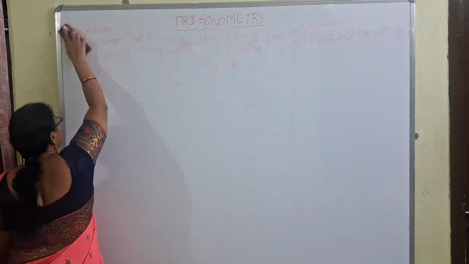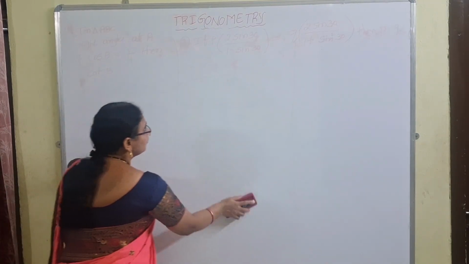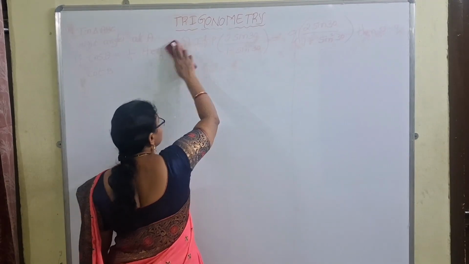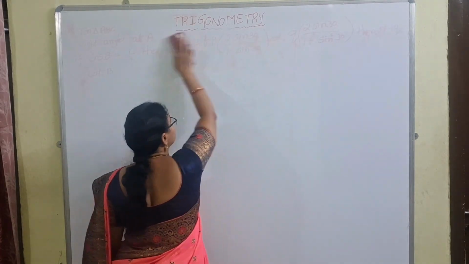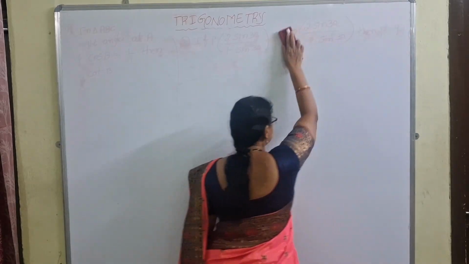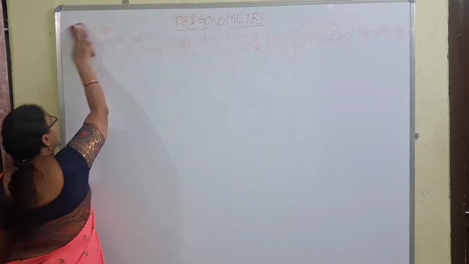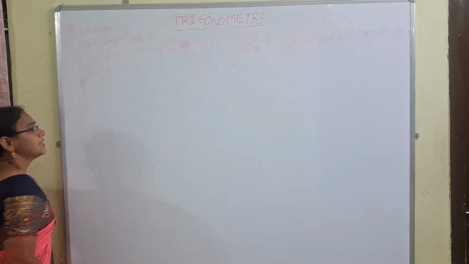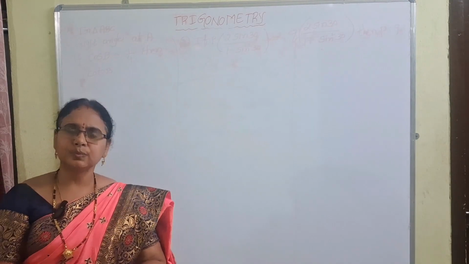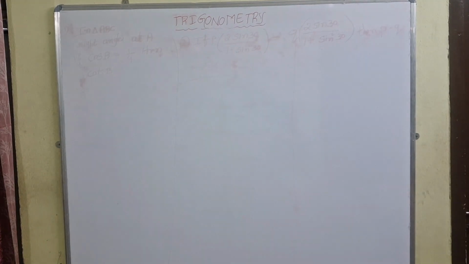Secant theta. Cosecant theta is the reciprocal of sine, secant theta is the reciprocal of cos, and cot theta is the reciprocal of tan. I hope you remember all these things.